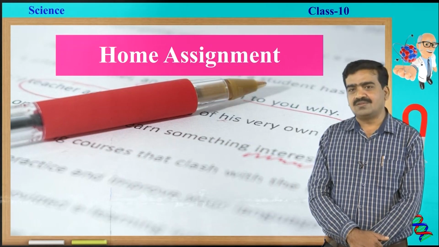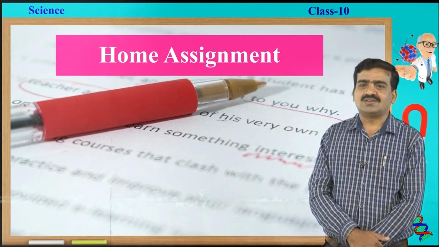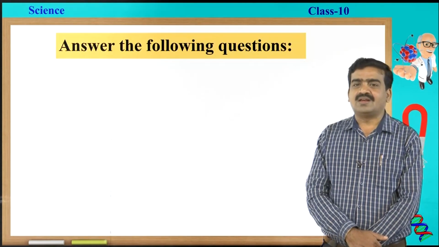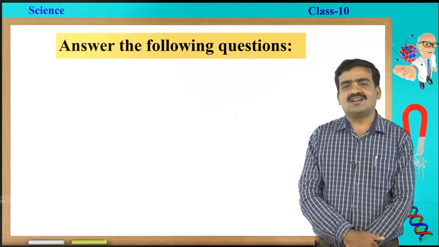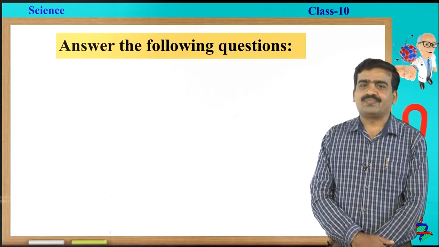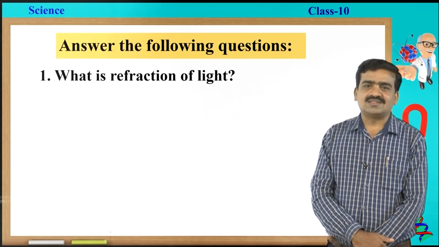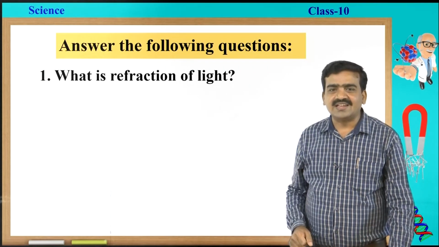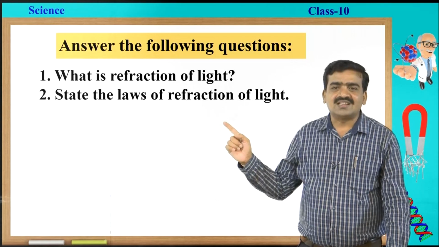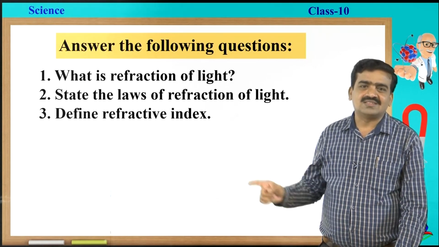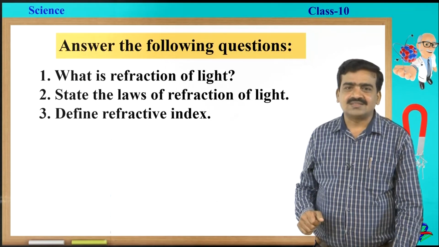And now you have questions for the home assignment. I request you to write down the questions, write the answers and show them to your teacher. The first question is, what is refraction of light? The second question is, state the laws of refraction of light. Third question is, define refractive index.